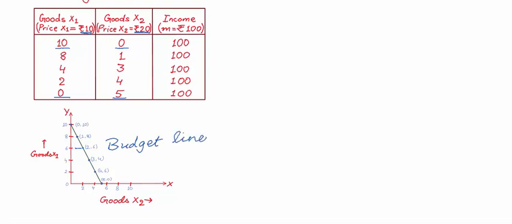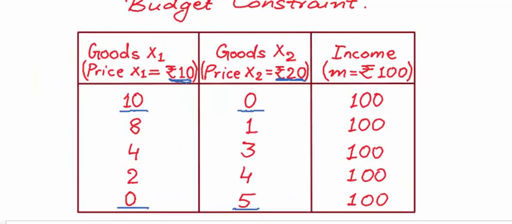The budget line can be denoted by two letters at the two intercept points.